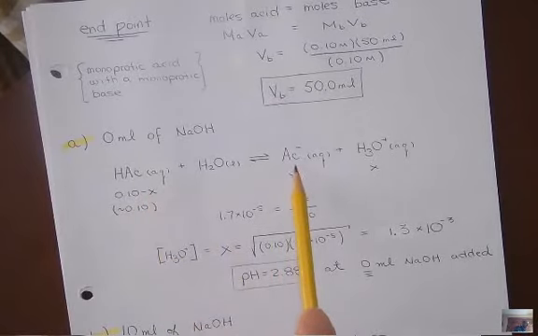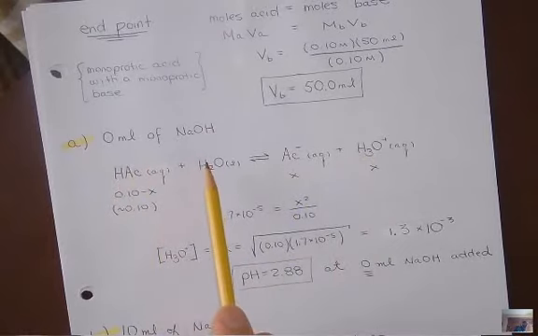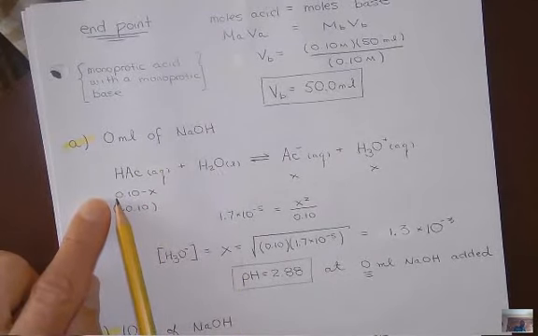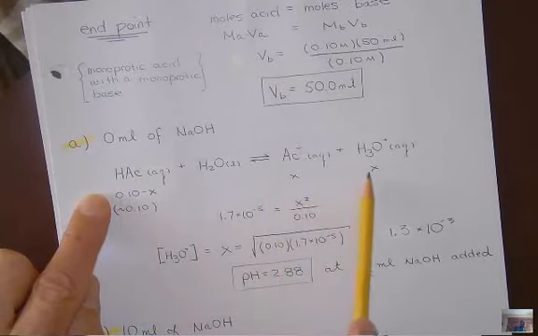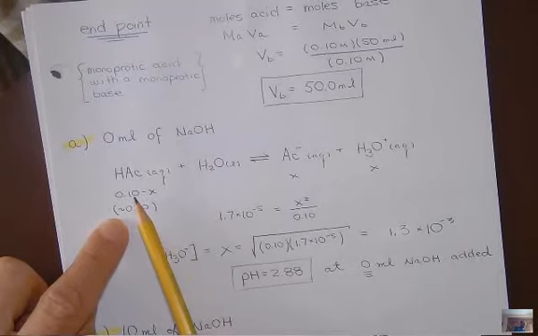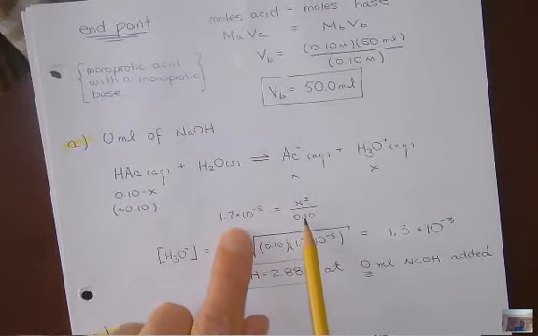This guy's going to be Ac minus, this guy's going to be H3O plus, because he's donating a proton to water. 0.1 is what I had in the beginning, right? This is my initial concentration. This is going to be X, this is going to be X.